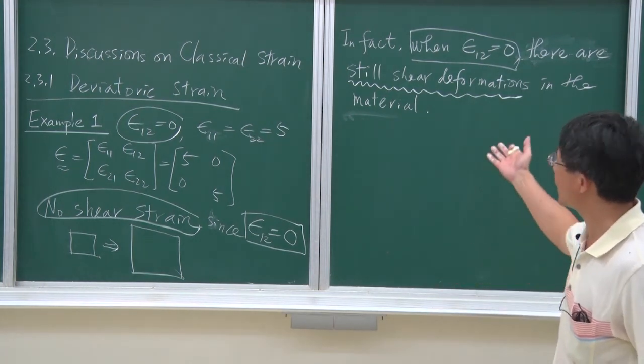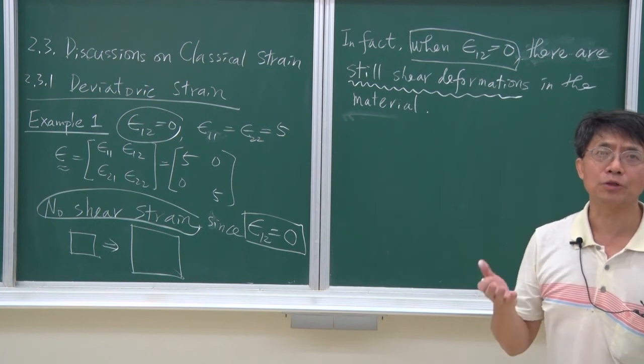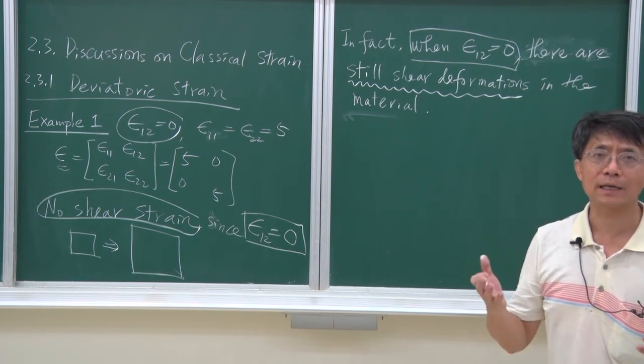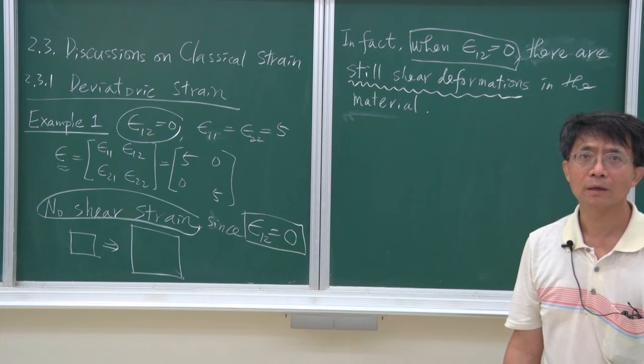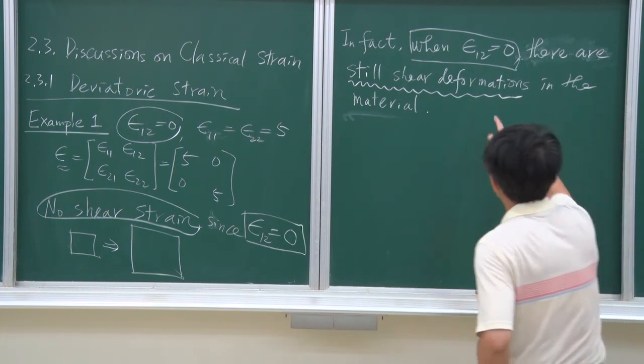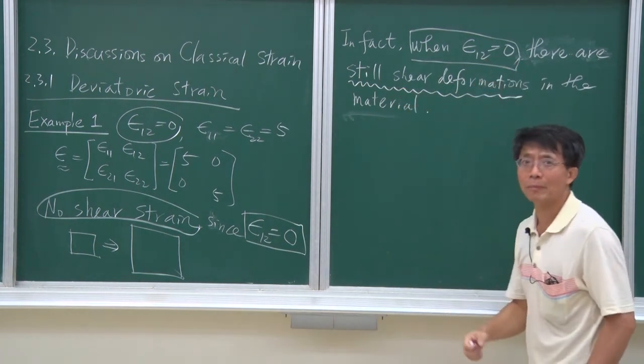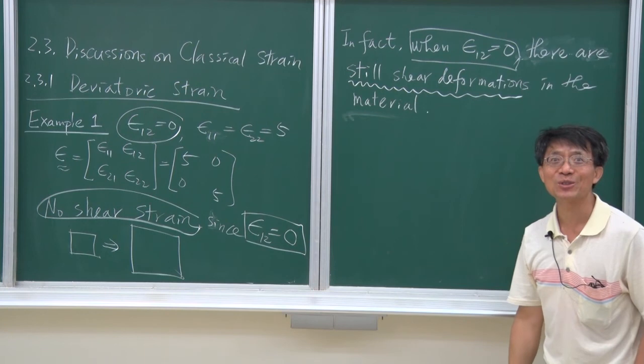So now shear strain equals 0, then the material will have no shear deformation at all. But such a concept is wrong. Because when ε12 equals 0, there's still shear deformation. How come? Let me show you.